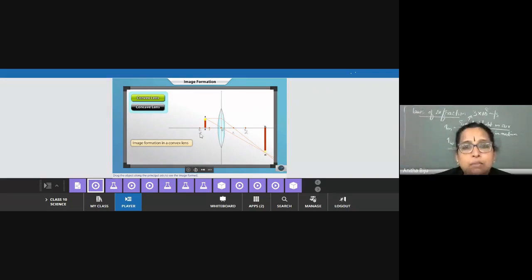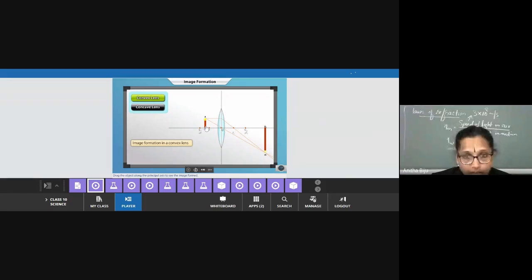When it is in between center of curvature and focus, look at that, the image is there, and we can see the position. It is beyond the center of curvature. And second, it is a highly magnified image, real and inverted, highly magnified.